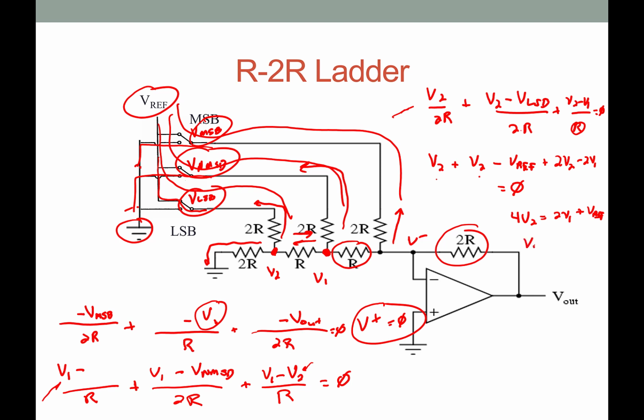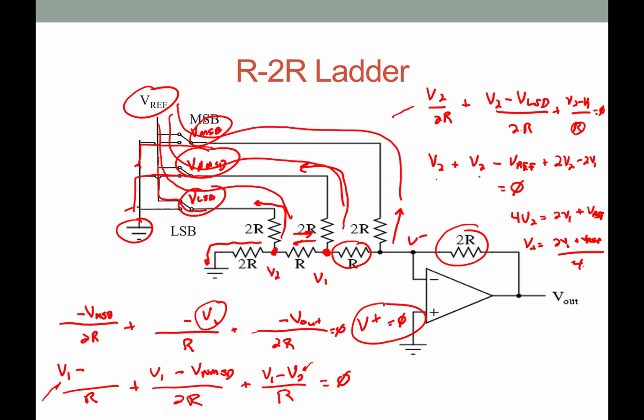Now I can say V2 then is 2V1 plus Vref over 4. And of course that makes sense, right? We have the 1's bit, the 2's bit, and the 4's bit. So we know this is the least significant bit, so this is the 4's bit, so that sort of makes sense to us right there.